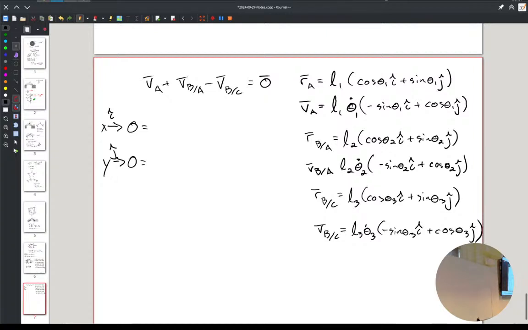So now we're taking that vector equation and turning it into the scalar equation. All the x and all the y, and that way we've got two equations with three unknowns, but we know one of them.